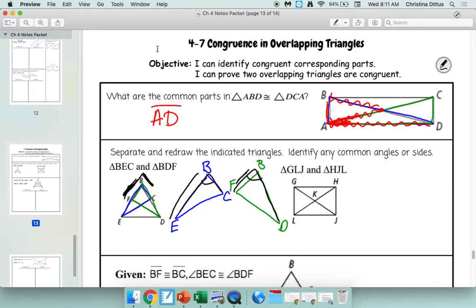We don't know what it is, but we know that it's the same because they're sharing that whole part of that angle. So what they have in common is angle B. They have that whole angle in common. They don't have any sides in common. They have parts of sides, like we talked about, but they don't have any whole sides in common. Just that whole angle at the top.